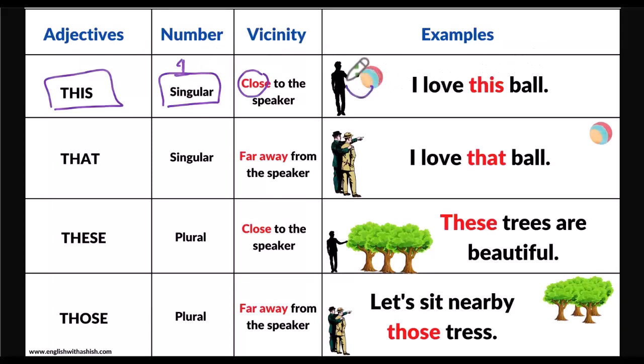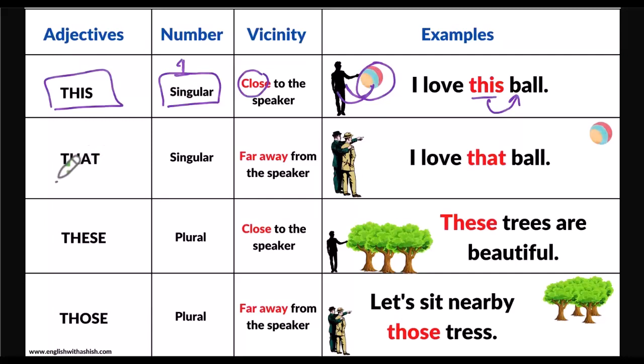The ball is close to the speaker. I love this what? Ball. So it comes before the noun it modifies and gives information about it, right? This ball, the noun it modifies. It is one in number, just one ball, and it is close to the speaker. So the speaker is pointing out at the noun they're referring to.